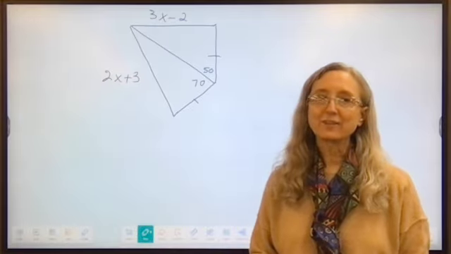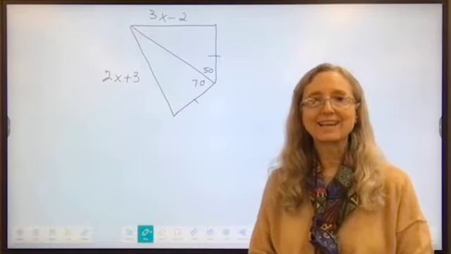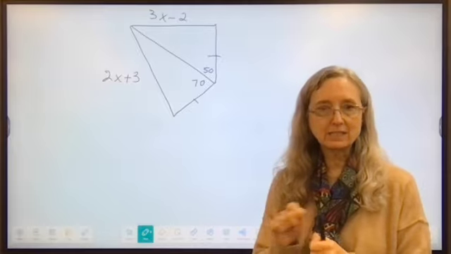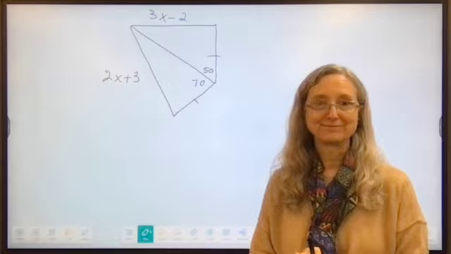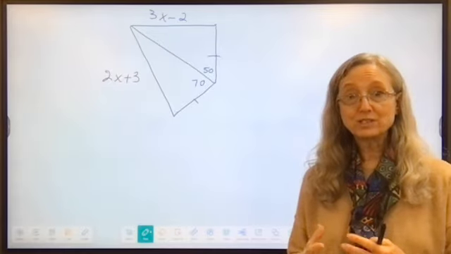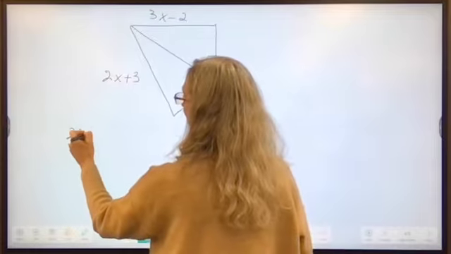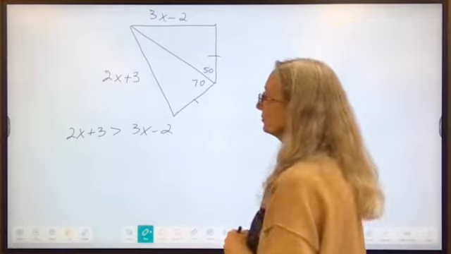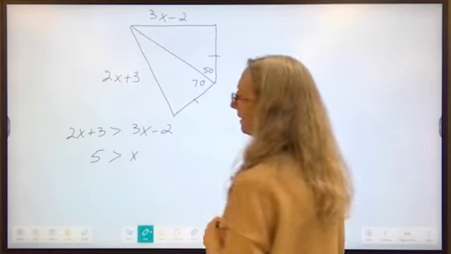All right, here's another practice problem for finding the range of possible values for x. I would like you to pause the video, look at the diagram, see if you can do it, restart the video, and see how you did. Hopefully, using the hinge theorem, you realized that 2x plus 3 is greater than 3x minus 2, and so you saw that x has to be less than 5.